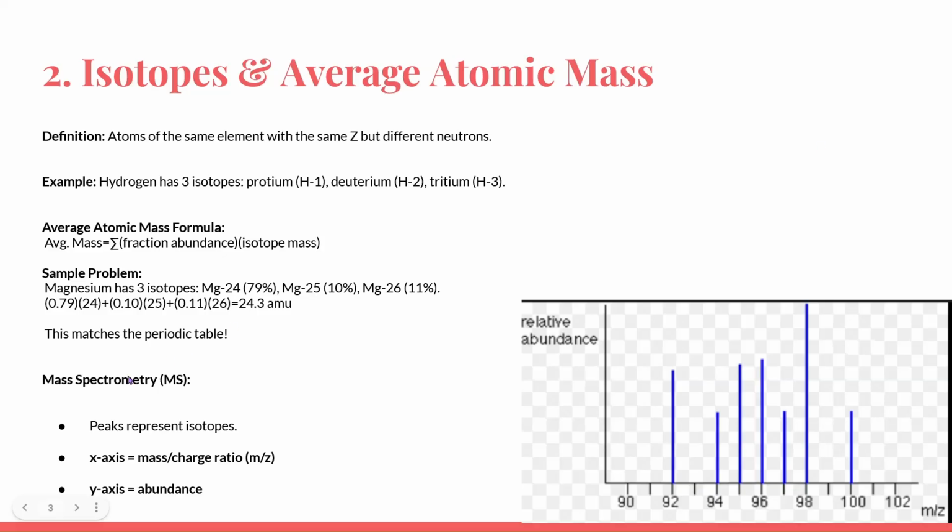So sample problem right here, magnesium has 3 isotopes, Mg24, 79%, Mg25, 10%, Mg26, 11%.